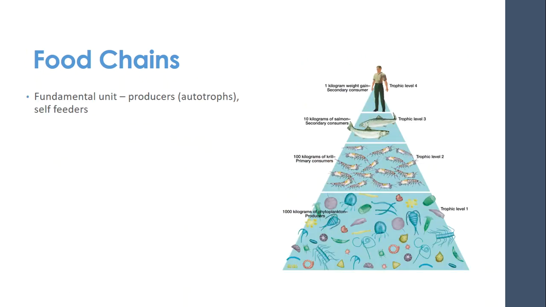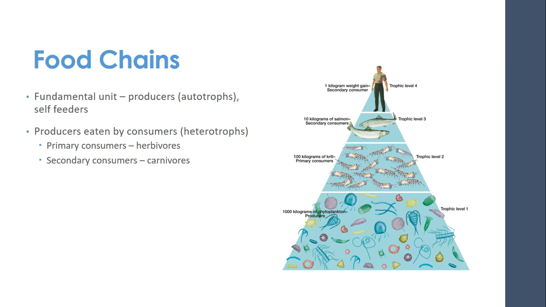So again, just to simplify, the fundamental unit of the food chain is producers, called autotrophs, and these are self-feeders. Producers are eaten by consumers. So we have this phytoplankton. These guys are producers.